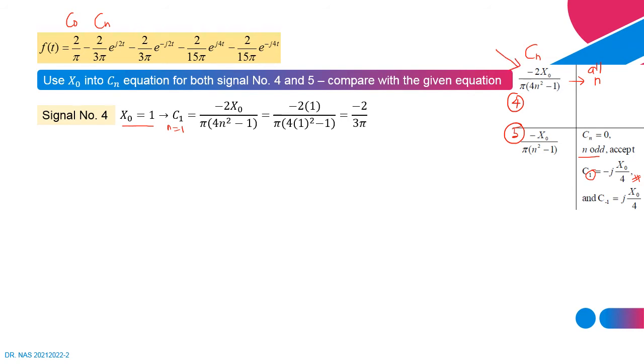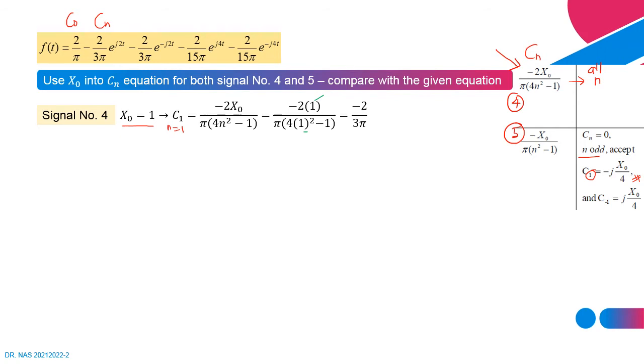In this case, C1 equals negative 2X0, in which X0 equals 1, divided by π times n squared minus 1. With n equal to 1, you get the answer equal to negative 2 divided by 3π.